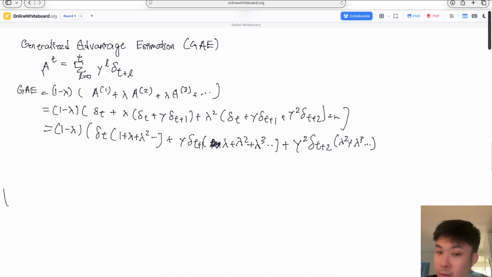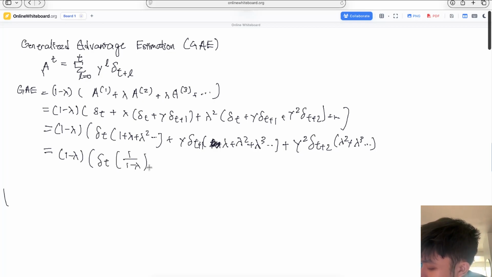And this is actually a geometric series, so if we sum it up, we get the temporal difference at time step t times 1 over 1 minus lambda, plus gamma times the temporal difference at t+1 times lambda over 1 minus lambda, and so on.